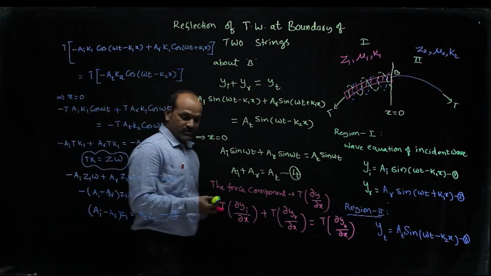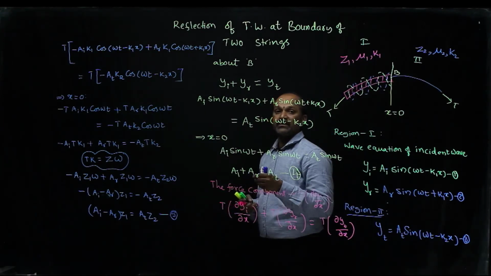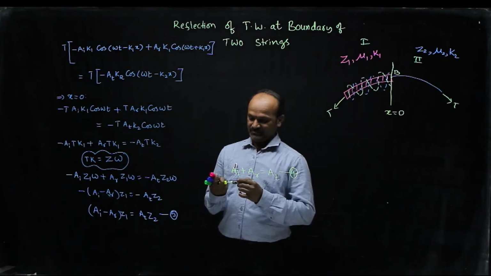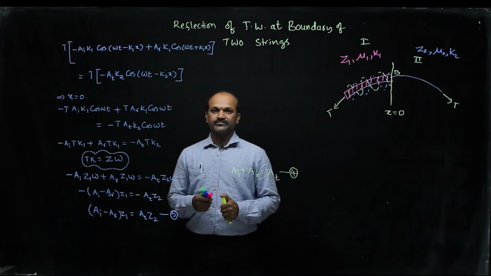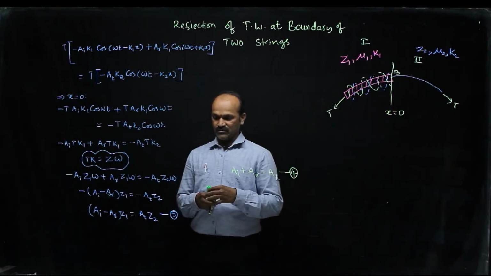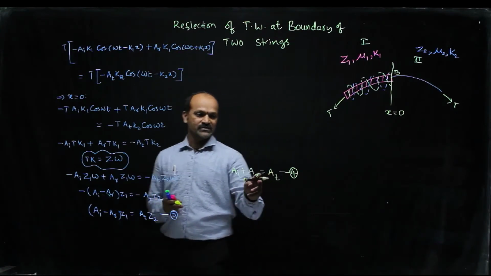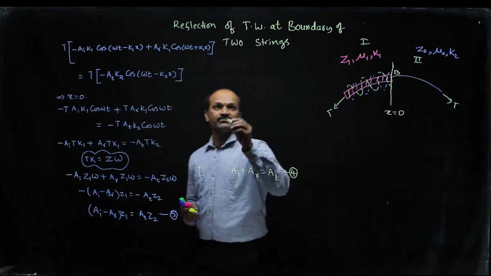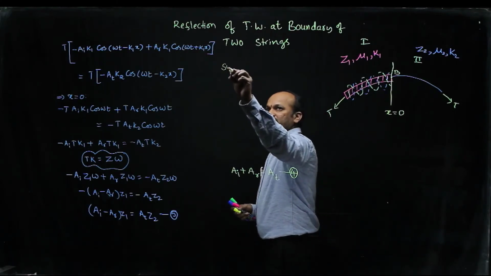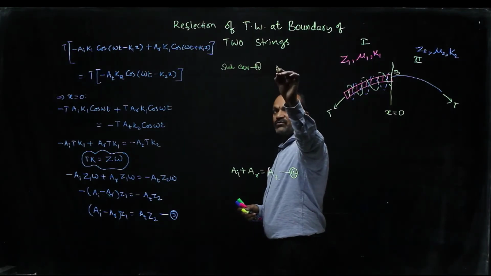So here we got a relation that comprises amplitudes and impedances. Using equation 4 and equation 5, let us do some mathematics and substitute. Let us substitute this At value from equation 4 in equation 5.